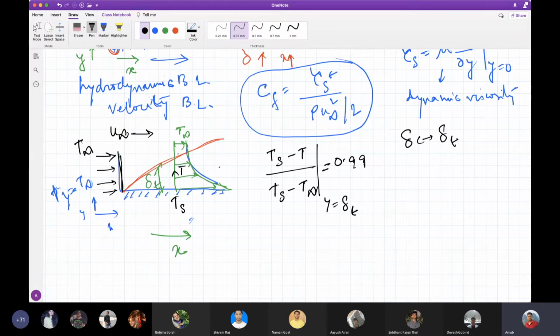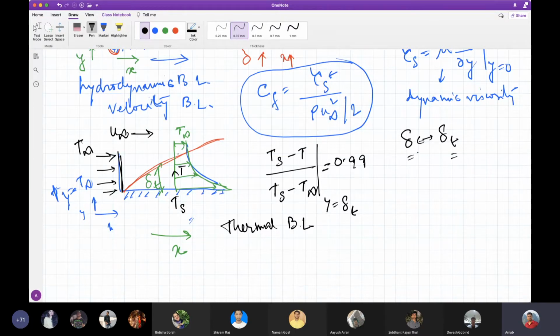As the flow happens, there will always be a hydrodynamic boundary layer. If the temperature of the bulk fluid is different from the surface temperature, another boundary layer will exist, which is called the thermal boundary layer. Thermal boundary layer thickness is delta T and hydrodynamic boundary layer thickness is delta.